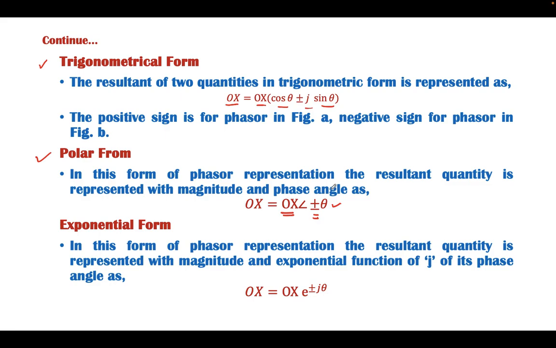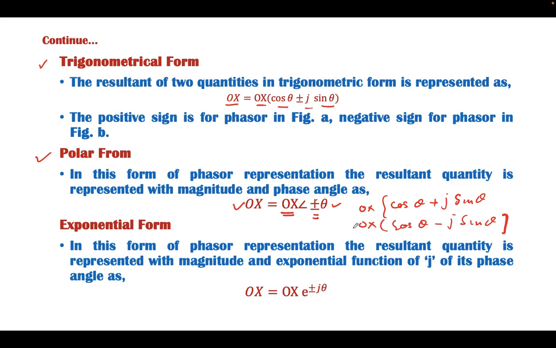Theta will remain the same as we have considered earlier. When we want to expand this quantity, we can simply write OX under bracket cos of theta, if it is plus then plus j sine of theta, and if it is minus, then OX cos of theta minus j sine of theta.